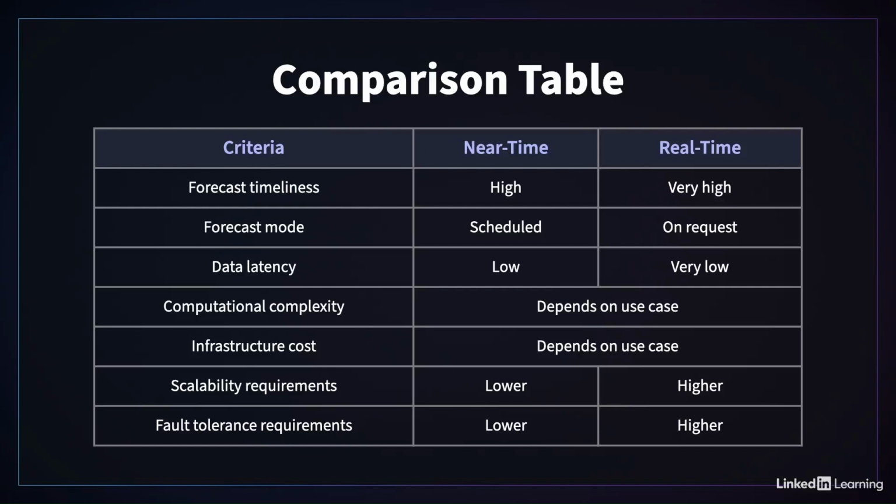When it comes to computational complexity and infrastructure cost, it really depends on the use case, which approach is more challenging. If you're dealing with few data sources and many users, real-time forecasting systems might actually be easier and cheaper to run than near-time systems. However, for more complex data integration pipelines, near-time systems usually turn out to be cheaper and less complex after all.